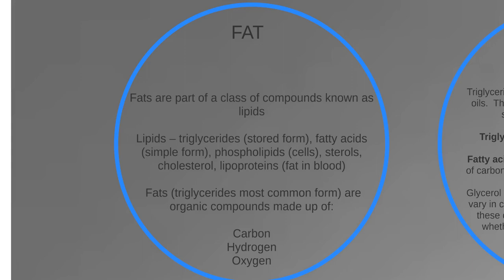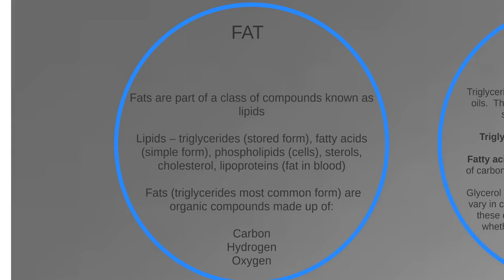Fat is part of a class of compounds known as lipids, and they take many forms within the body. Probably the most common form is a stored form of fat, and that can be stored around our organs or most commonly under our skin, and that's known as triglycerides. It can be in a more usable form, something the muscles can burn, for example, called fatty acids.